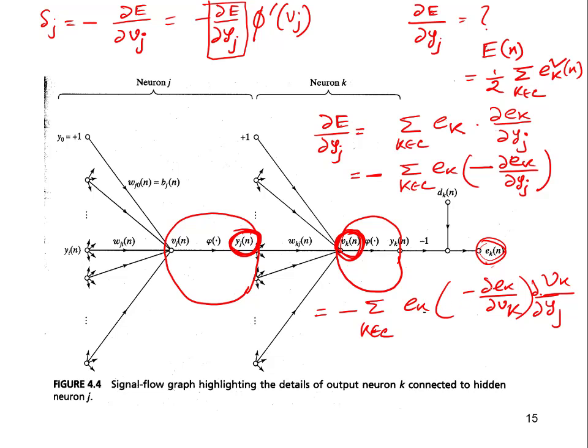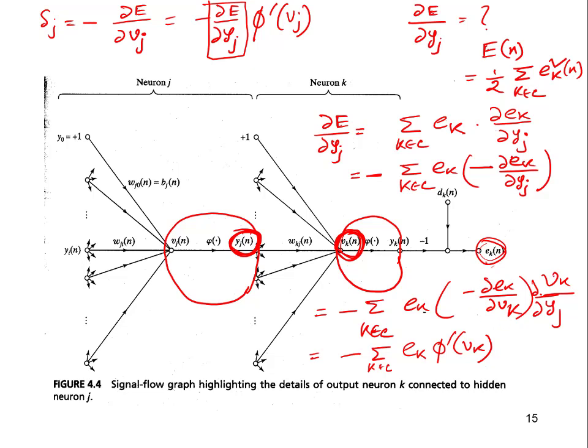So why does this minus sign come? Because this delta Ek and delta of Vk shows that we have the sum over k belongs to C of Ek, and this portion can be rewritten as phi prime of Vk.